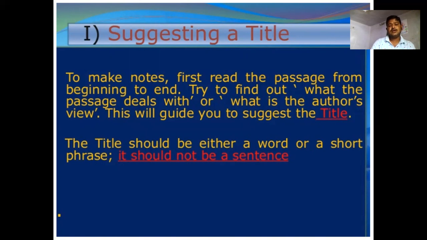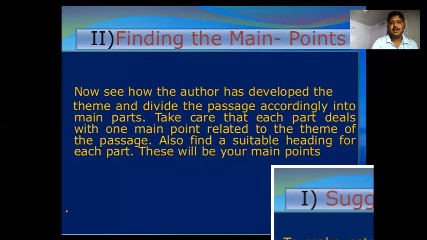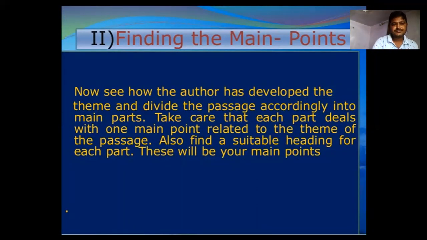It has to be some phrase or some words that may be included as a title. And finding the main points now. See how the author has developed the theme and divide the passage accordingly into main parts. Take care that each part deals with one main point related to the theme of the passage, and also find a suitable heading for each part.